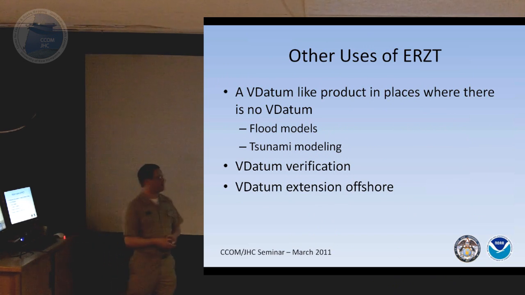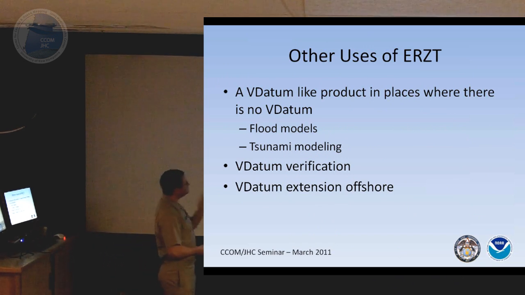Right. So I think there are a number of other uses for this, and the one we're touching on here is, are there other people who could use this product? Certainly, VDatum verification is one thing. Anywhere we're going right now, we have to verify VDatum.